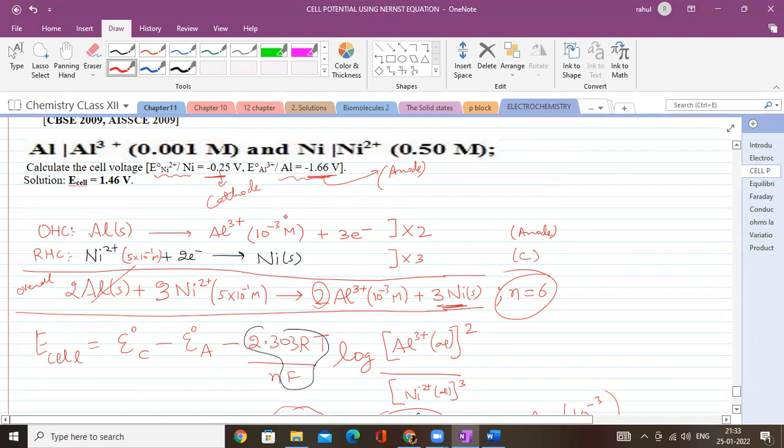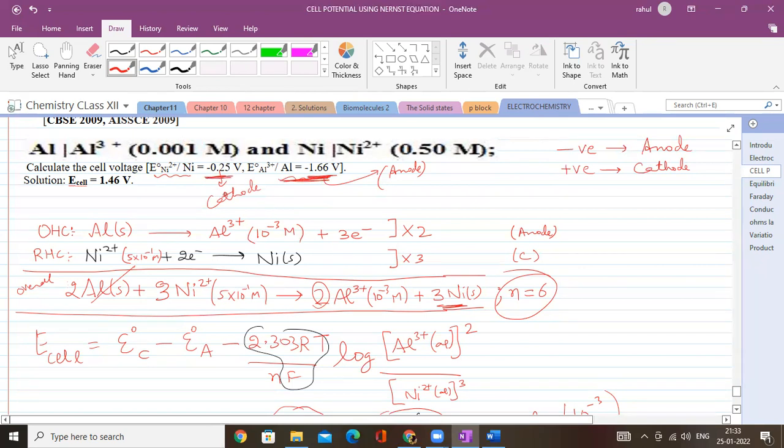I have already taught you this: anything which has a negative value is always taken at the anode, or is attached at the anode, to make the reaction spontaneous. And if anything has a positive value, it is always attached at the cathode. So considering this, aluminium will be the anode, right?